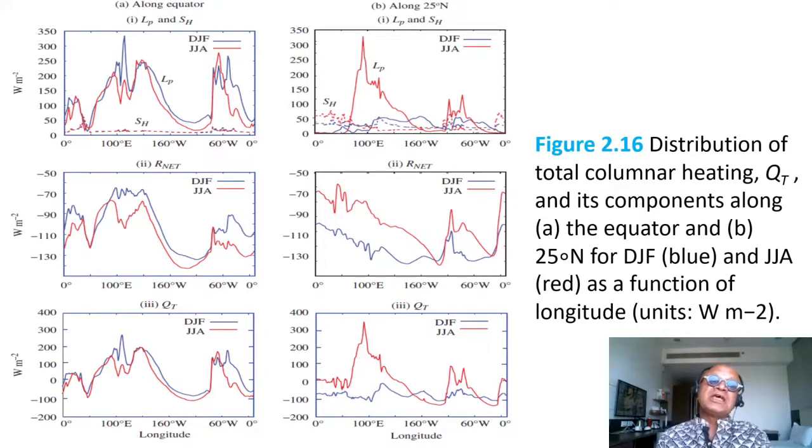Why am I mentioning that? Because during an El Nino we'll see that this atmospheric heating by precipitation shifts and produces global teleconnections via waves and changes in the Hadley and Walker cell and so on.